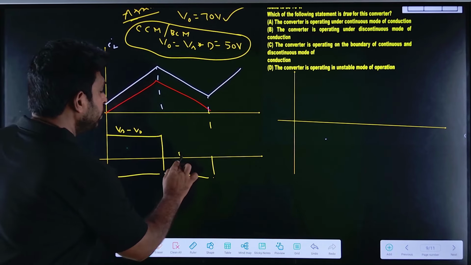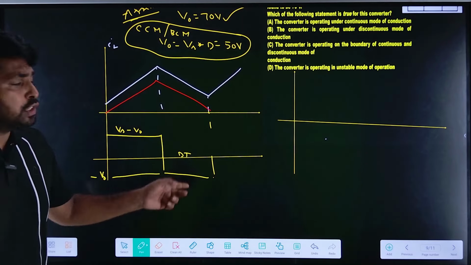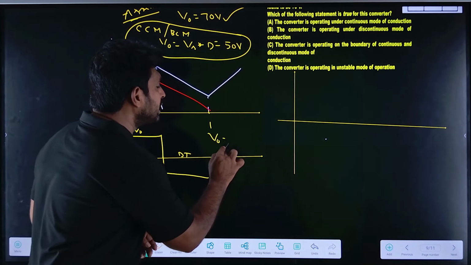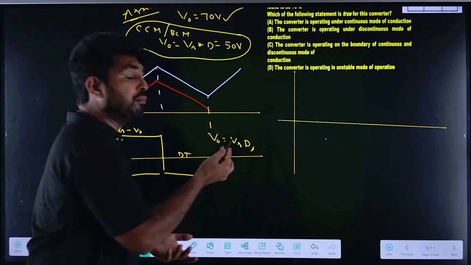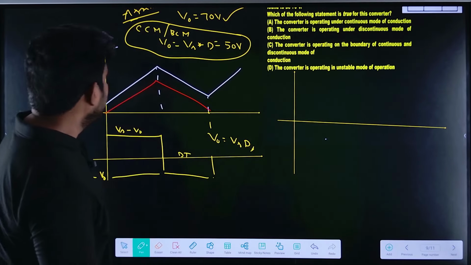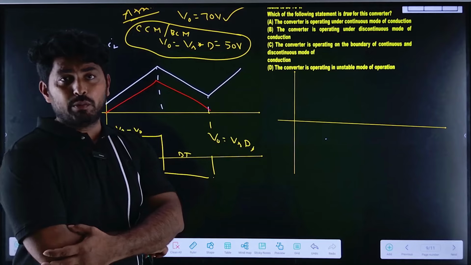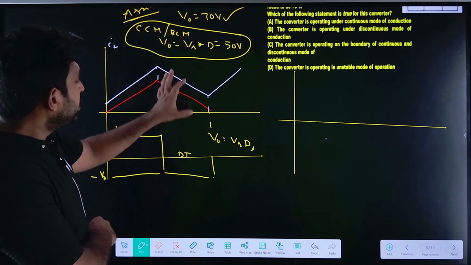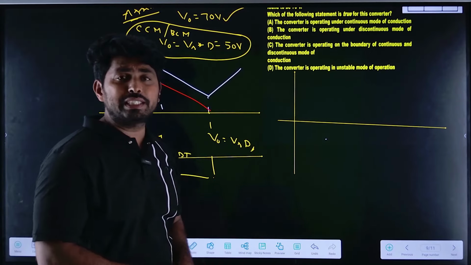If I apply this, I will get V0 equal to Vs into duty cycle, which is very important. Very easy. But in case of discontinuous conduction mode, what happens? Let us see.